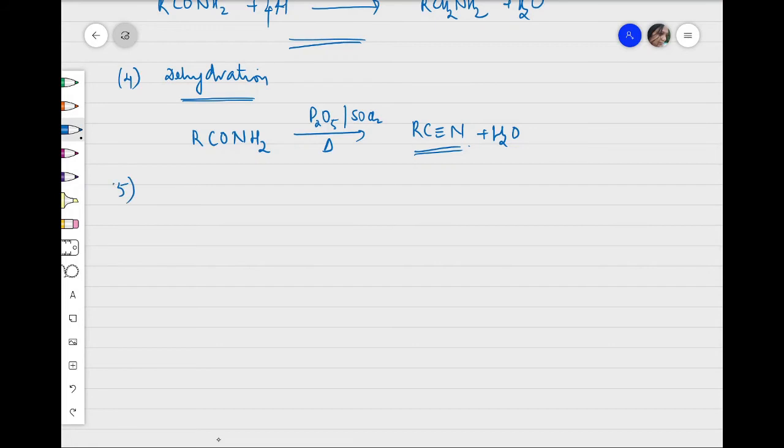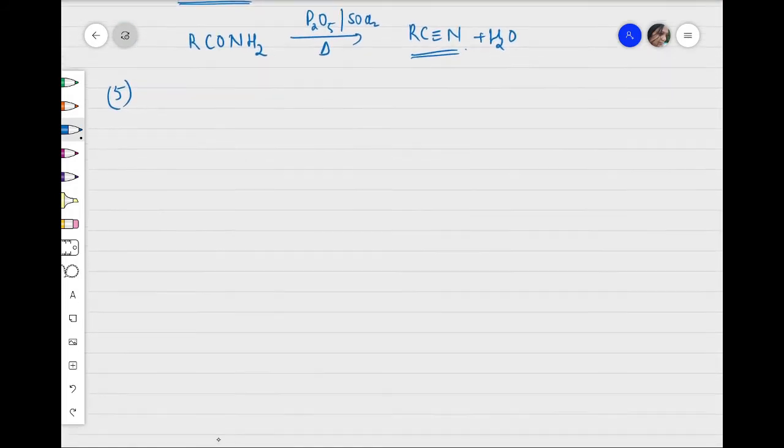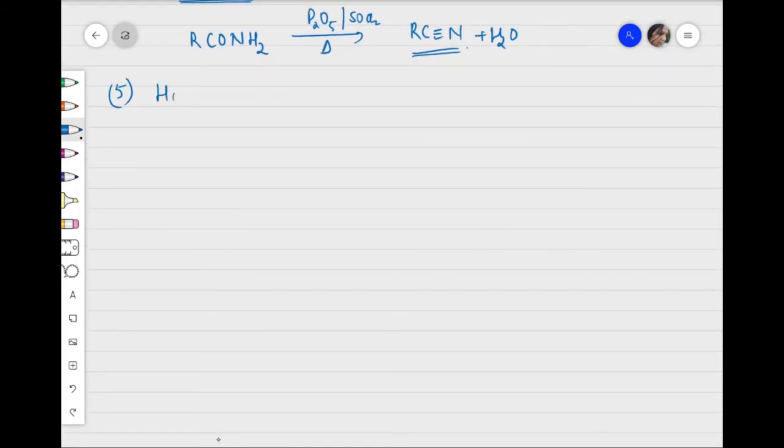Now another reaction that we can think about is the Hoffman degradation.